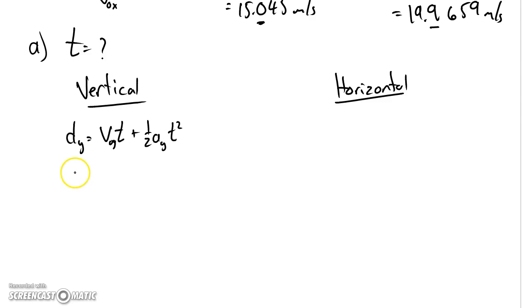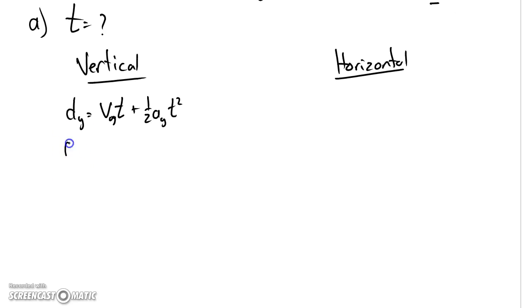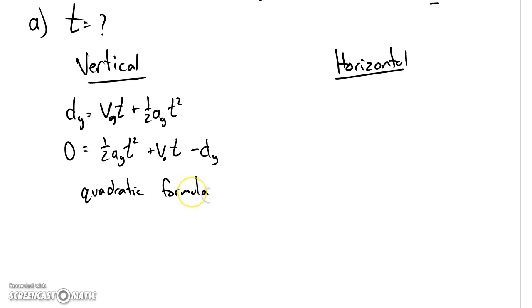So you bring the dy over so everything's on the same side and get 0 equals 1/2 ay t squared plus v naught y t minus dy. That should look like a standard form quadratic equation, and then you could use the quadratic formula. That sounds hard. Don't want to do that if we don't have to.